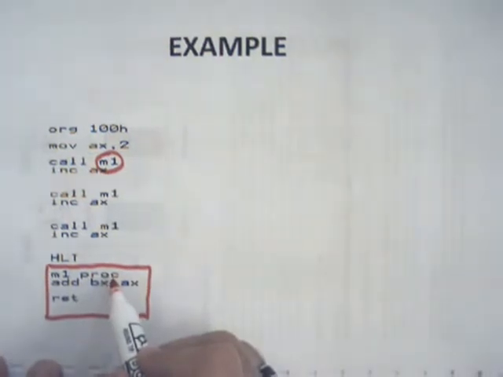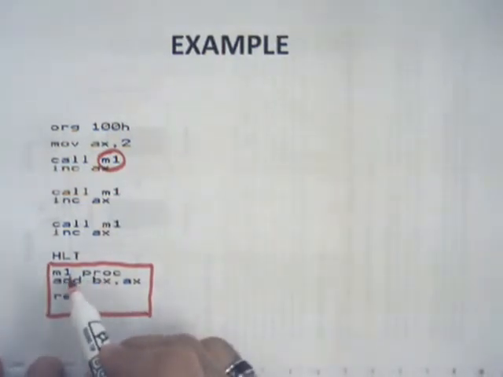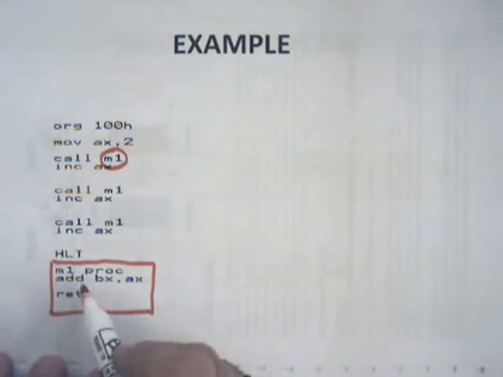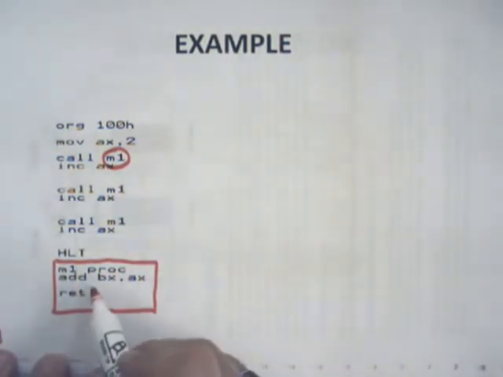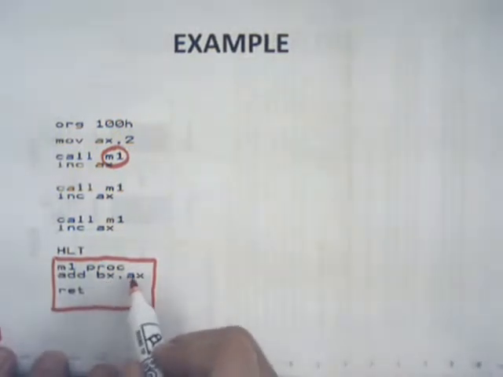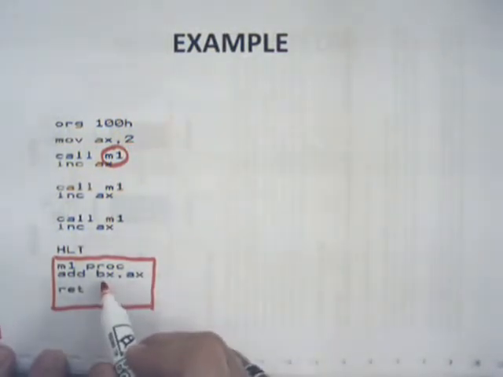The name here, and this is the first line, designates that this is the procedure named M1. That procedure is very simple, a 1-line procedure. It just adds 2 registers and stores the value of the result to register BX.